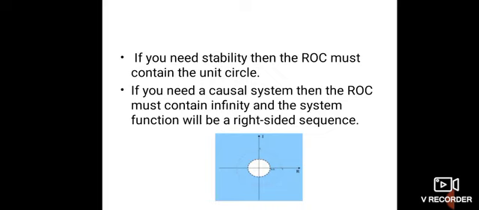As in the previous point, if the ROC extends outward from the pole, then the system is causal. In the figure, after 0.5, the whole blue region is the ROC and it will go up to infinity, not the infinity value, it will go up to infinity. So the system function will be a right-sided sequence.